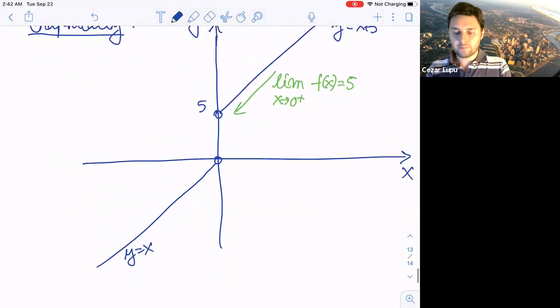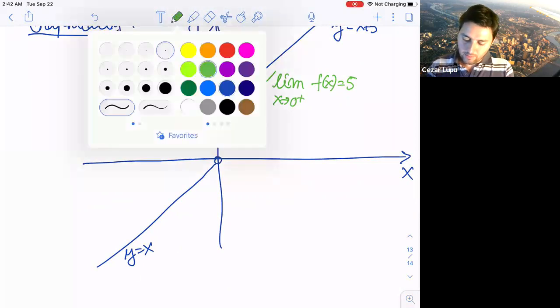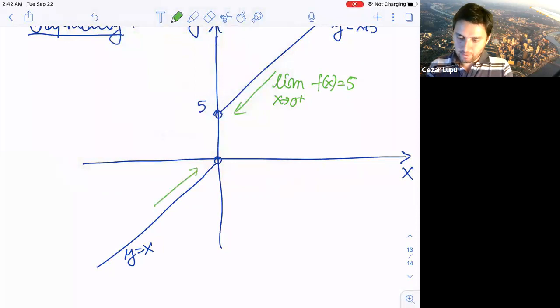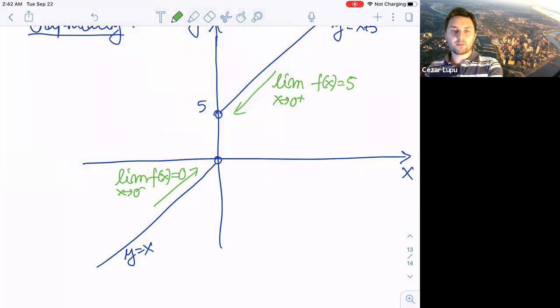This is the first bisector, but this time it will stop at 0. So we will have here that the limit as x approaches 0 from the left of f of x will be 0. As you can see, they don't agree, so the limit does not exist, right? Okay, I think it's quite clear how we can operate with these.